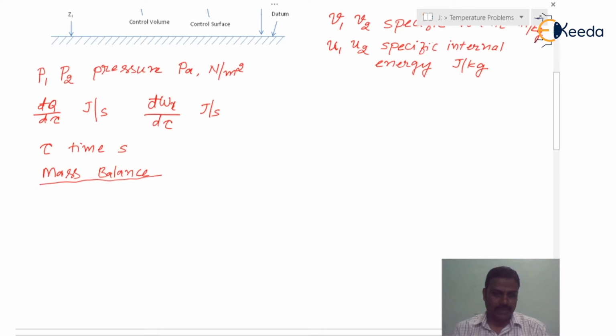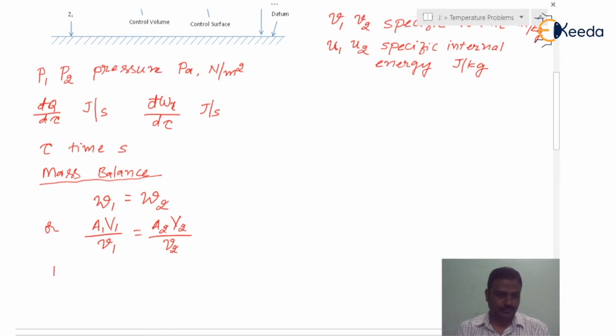So this can be written as small w1 equal to small w2, or this can be written as a1 v1 divided by v1 equal to a2 v2 divided by v2. This is called the continuity equation.